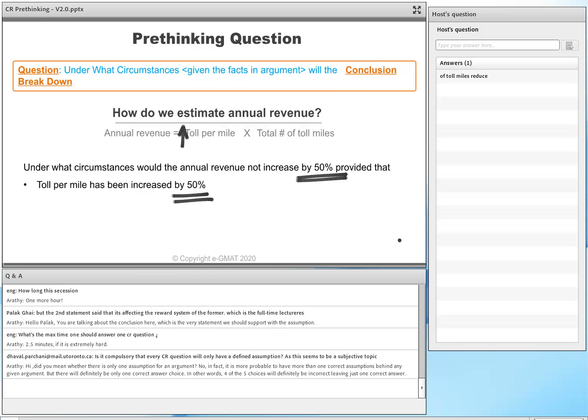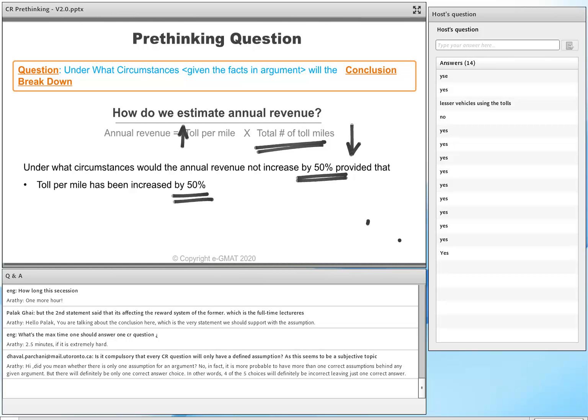If the total number of toll miles goes down, even by 10 to 15%, that's something. If the total number of toll miles reduces, then you're going to have a problem. It's not going to go up by 50%. Is that clear? The total number of toll miles goes down. That's all that we are saying.